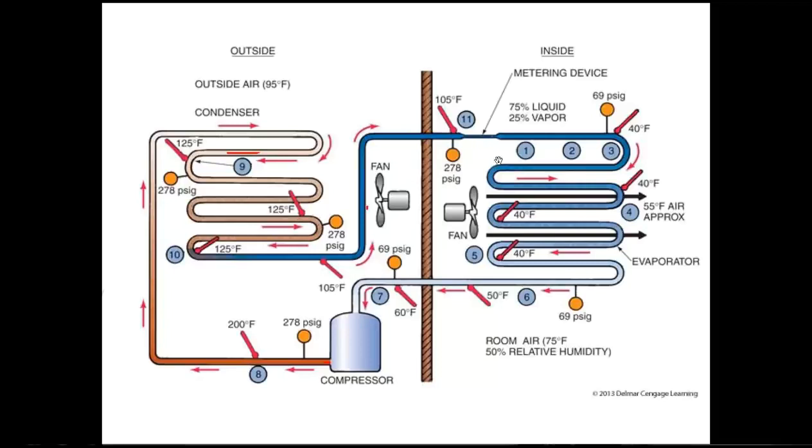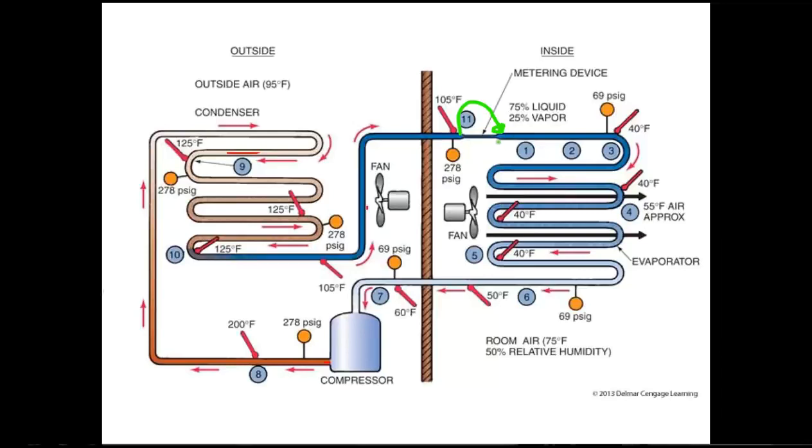And whatever type of metering device it may be, it will reduce the pressure as the refrigerant moves through the metering device. Now, our gas laws tell us when we reduce pressure, we also reduce temperature.